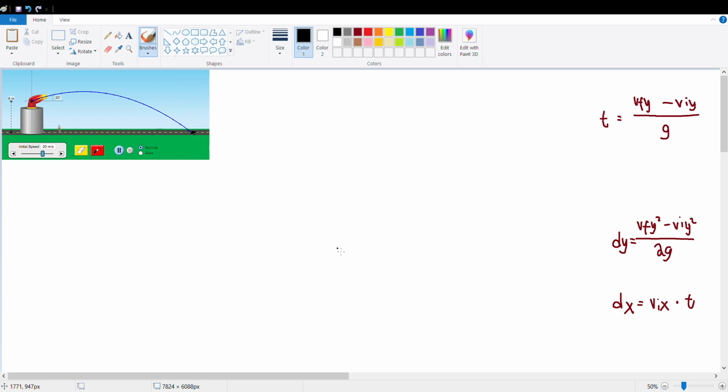Okay, so today I'm going to be teaching you vertically launched projectiles at a certain height. Now, this is the final topic for this lesson, which is projectile motion.